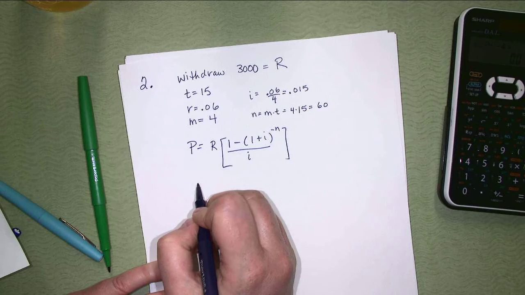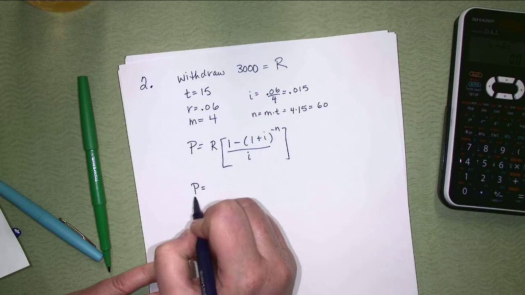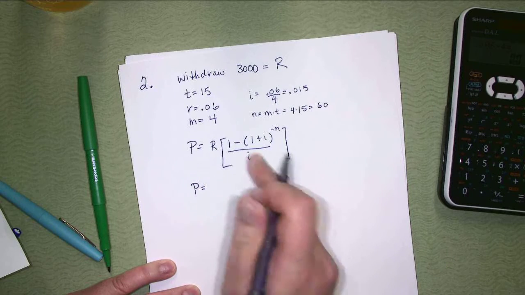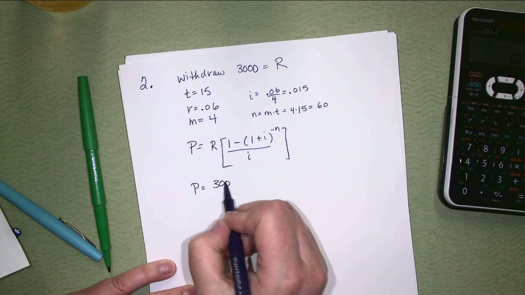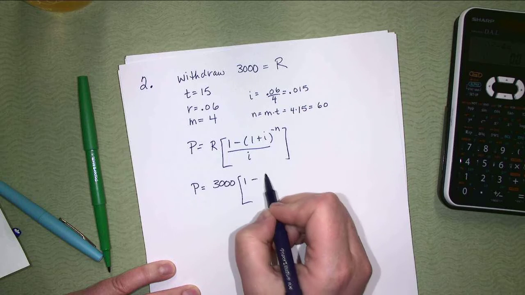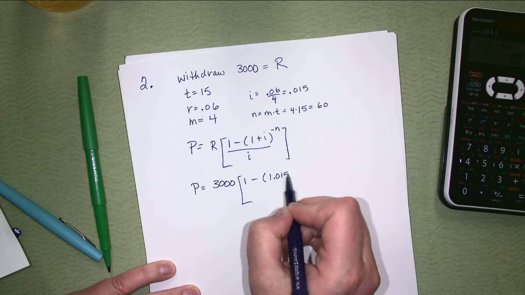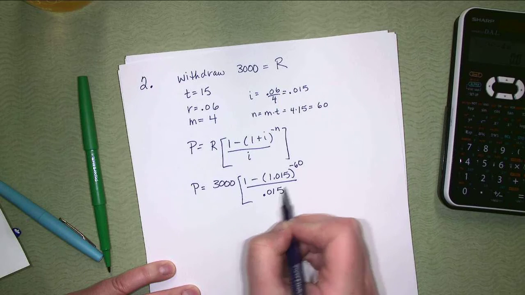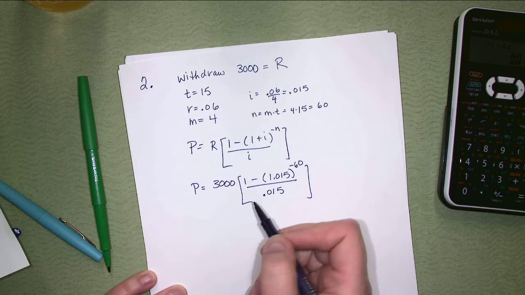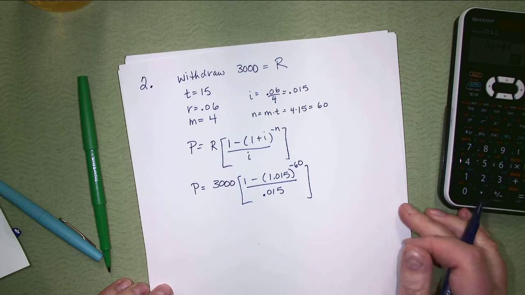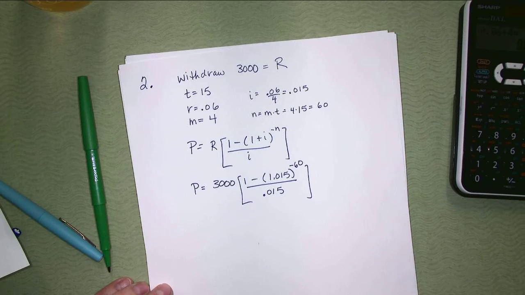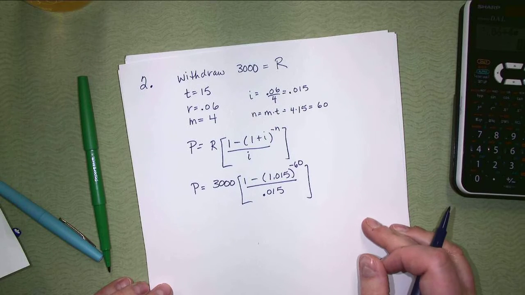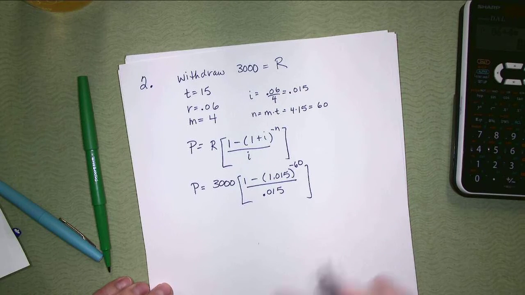And so we're looking for the principal, the amount he must deposit to be able to withdraw $3,000. So this formula is used for paying yourself back, usually like if you retired and you're taking money out, or you won the lottery and you're withdrawing money.